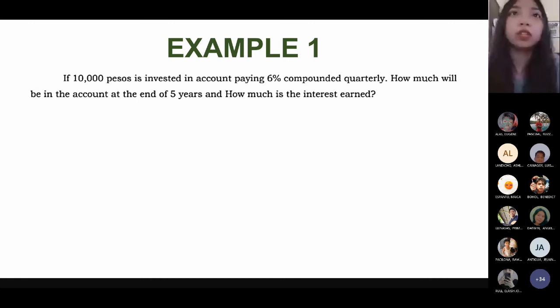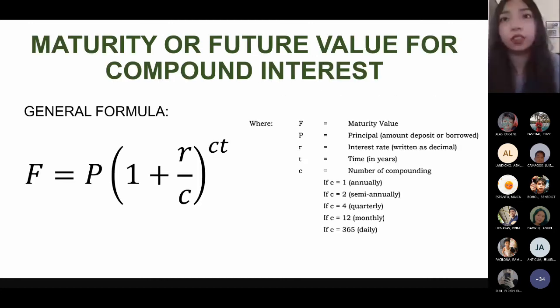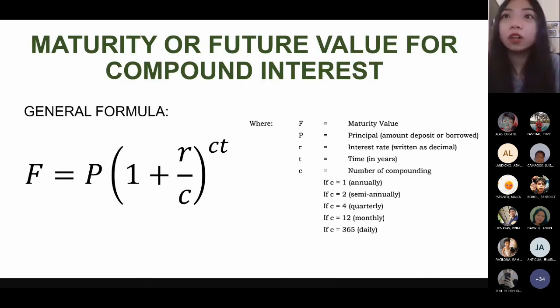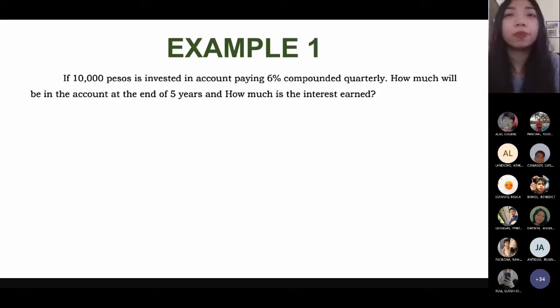So you will refer to our list dito sa C natin kung ano yung value niya. Ano ba yung nabanggit na compounded? For example, number 1, this is quarterly. So hanapin mo lang dito kung nasan yung quarterly, we have C that is equal to 4. So therefore, ang given pala dito sa ating example number 1, na value ng C is equal to 4 because of that word na compounded quarterly.